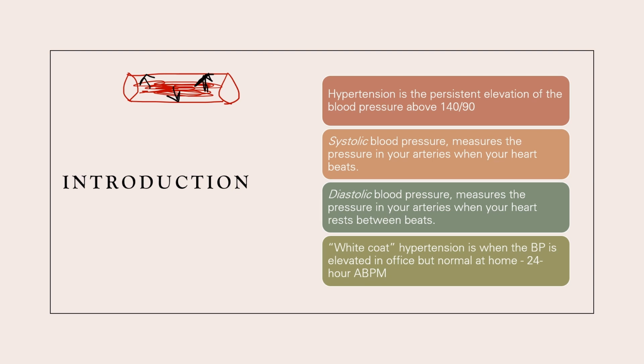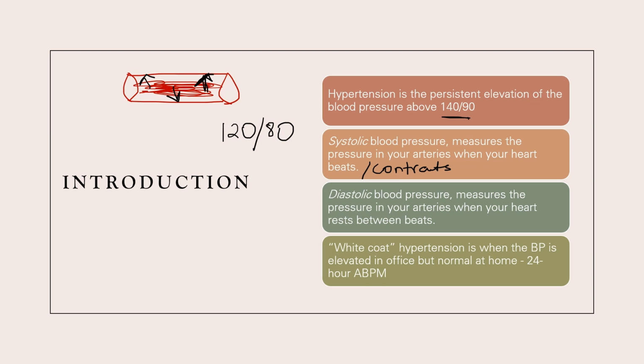So hypertension is basically the persistent elevation of the blood pressure above 140 over 90. Normal blood pressure is 120 over 80 or less than 120 over 80. The systolic blood pressure measures the pressure in your arteries when the heart beats or contracts.